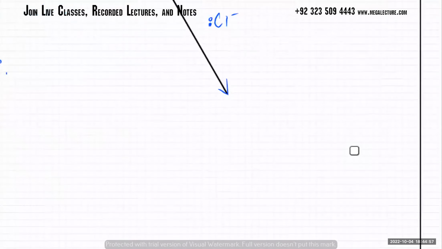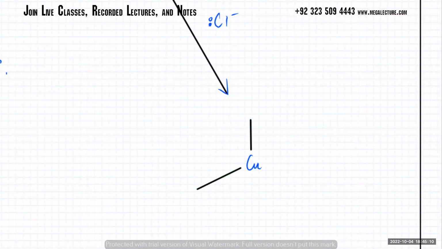So what this concentrated Cl will do is that when it comes in, I've got copper 2 plus now, and it's going to get surrounded by Cl minus 1. So there's a Cl minus 1 that's coming in from the top. There's a Cl minus 1 and its lone pair is getting attracted from the left side.